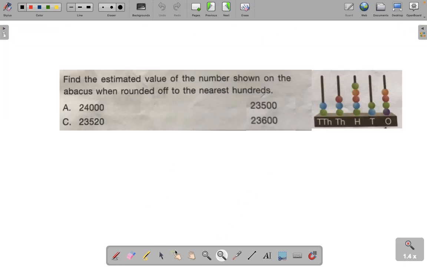Is this question visible to you clearly? Yes, sir. Okay, so you have to find the estimated value of the number shown on the abacus when rounded off to the nearest hundreds.